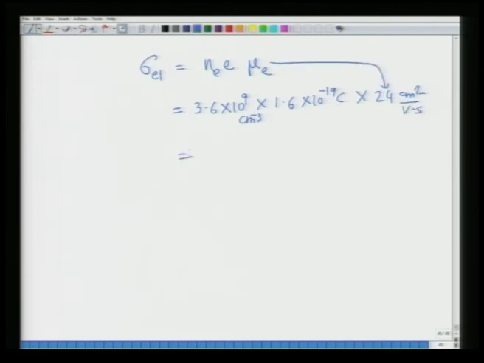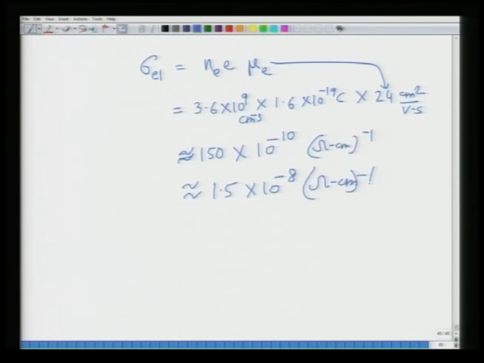If you now calculate this, it will be approximately 150. I am just doing the mental maths. So, 150 multiplied by 10 to the power minus 10 ohm centimeter inverse, so this will be approximately 1.5 into 10 to the power minus 8 ohm centimeter inverse.